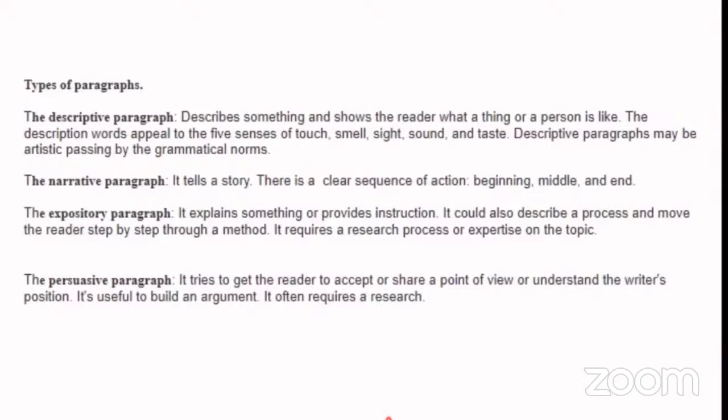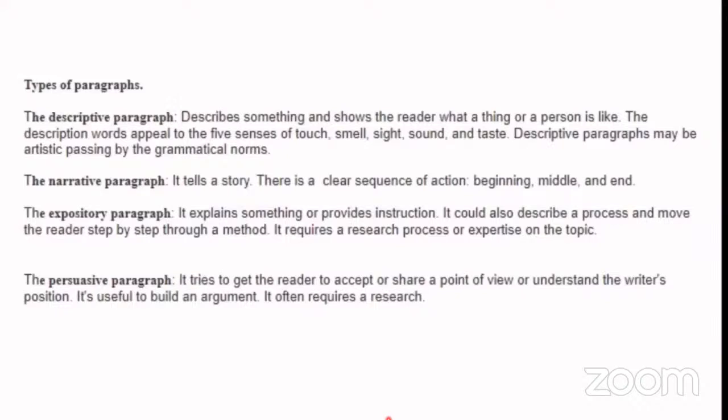Then we got the expository paragraph. It explains something or provides instruction. It could also describe a process and move the reader step by step through a method, and it requires a research process or expertise on the topic. So in this kind of paragraph, you're going to expose something and explain, giving information about how to do something. And in the fourth step, we got the persuasive paragraph.